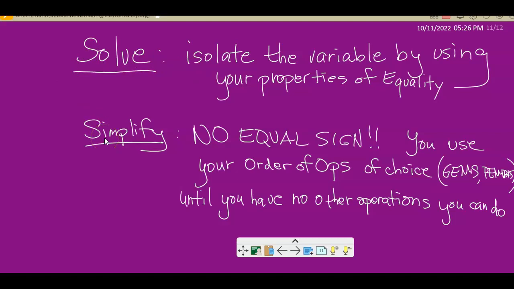To simplify, you don't have an equal sign. You use your order of operations of choice, which, as I showed you in the first slide, mean the same thing. There is no difference between GEMS, GEMDOS, and PEMDOS. They mean the same thing. And you do these order of operations until you have no other operations you can do.